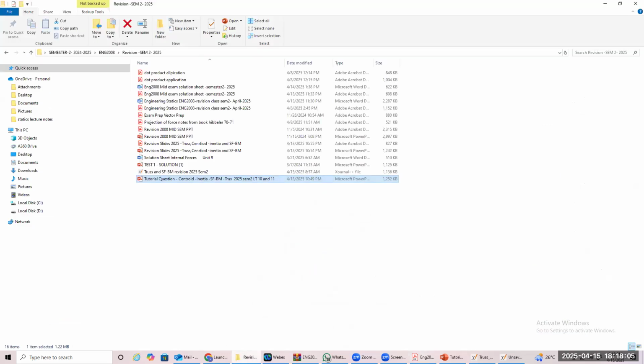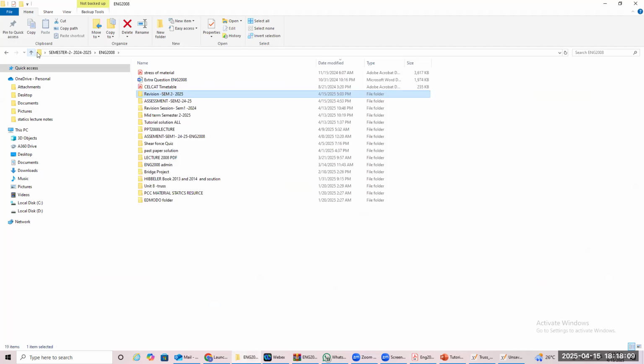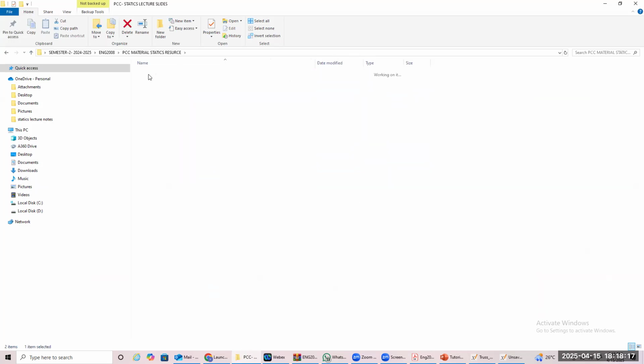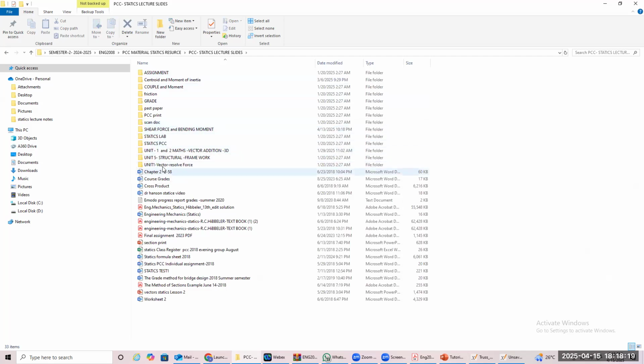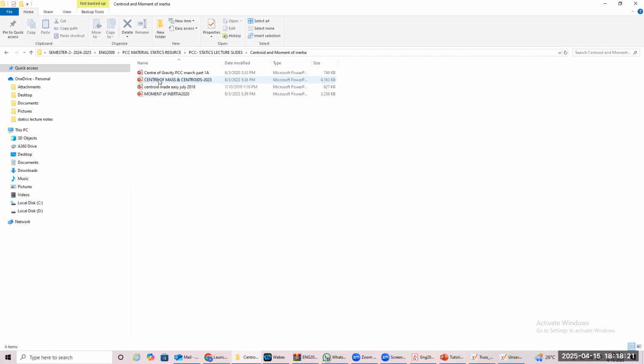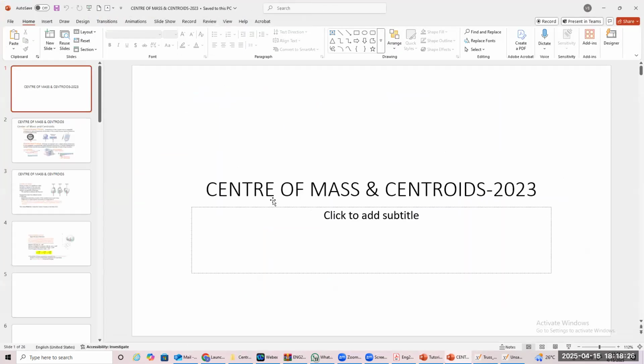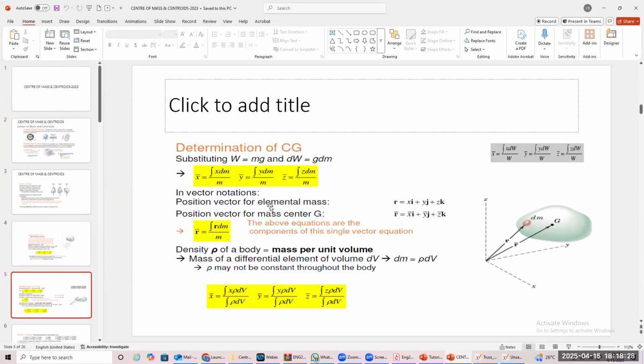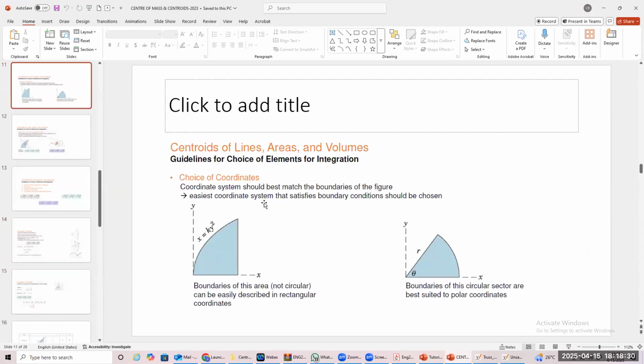Let me just look back at another one. Just a quick recap. If you have one that is a different shape, let me just look for another one. So centroids, inertia. Let's see if we can find another figure to look at.